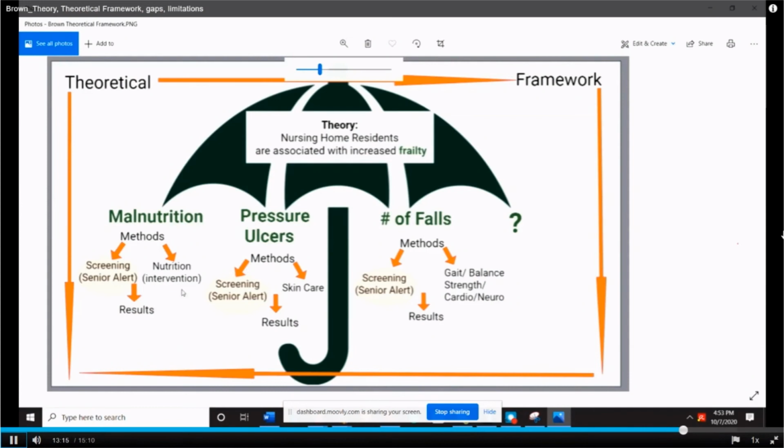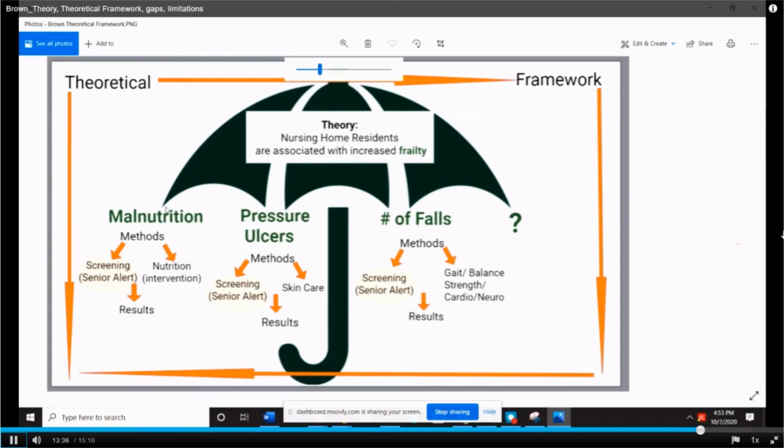I like this umbrella type conceptual design because an umbrella is holding the theory together through these spokes. The spokes make the umbrella pop out, and those spokes lead to the concepts like malnutrition, pressure ulcers, number of falls.